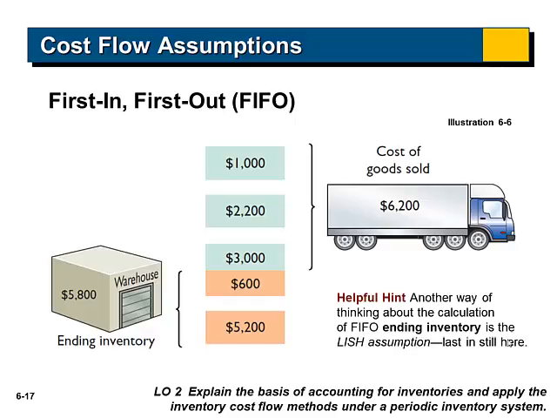And so if you look at it from a picture, first in, first out means that the first items that you bought, all of these blue boxes, are applied to the cost of goods sold. These are the units that you're going to put on a truck and sell to your customers. These are the costs of the goods sold that are going to show up on your income statement. And the remaining inventory, the $5,800, will be left in ending inventory and kept on your balance sheet.